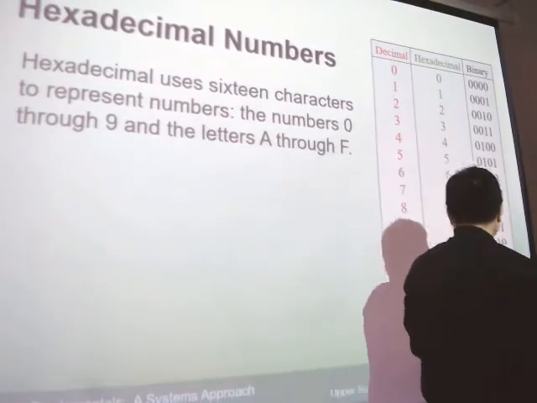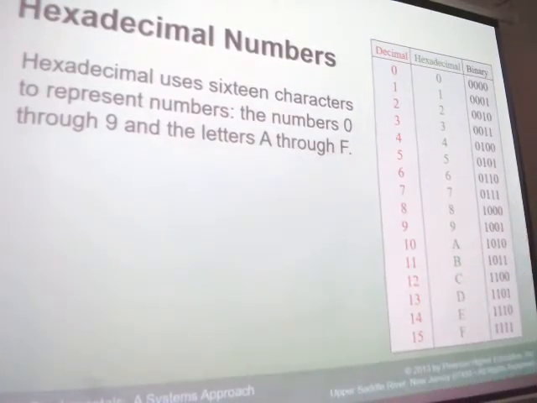So, the zero's corresponding binary number is 0, 0, 0, 0.